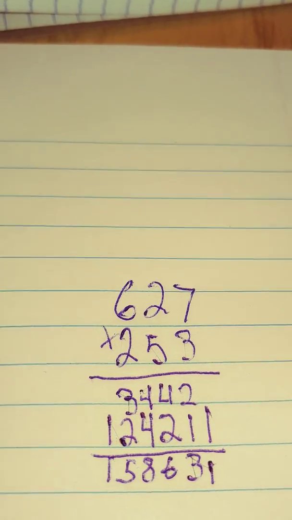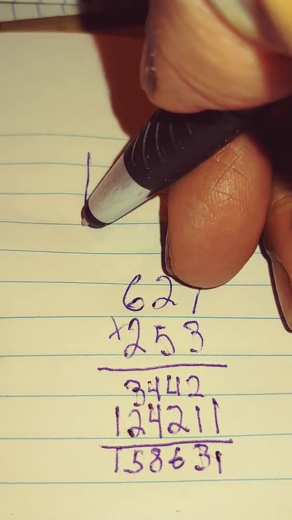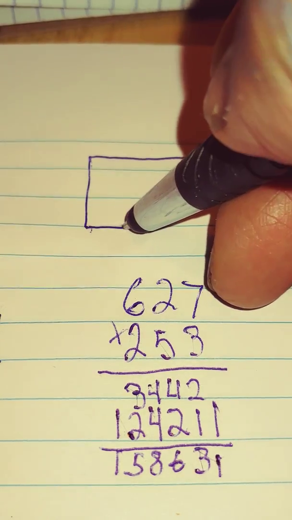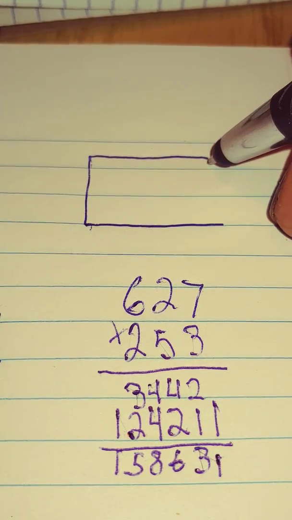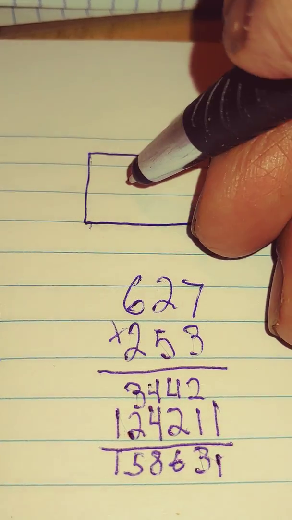Now I'll show you an example here where this is a good method. Let's do one like this here. I'm going to make a box. Now this time the numbers won't match up. Okay, forget about that there.